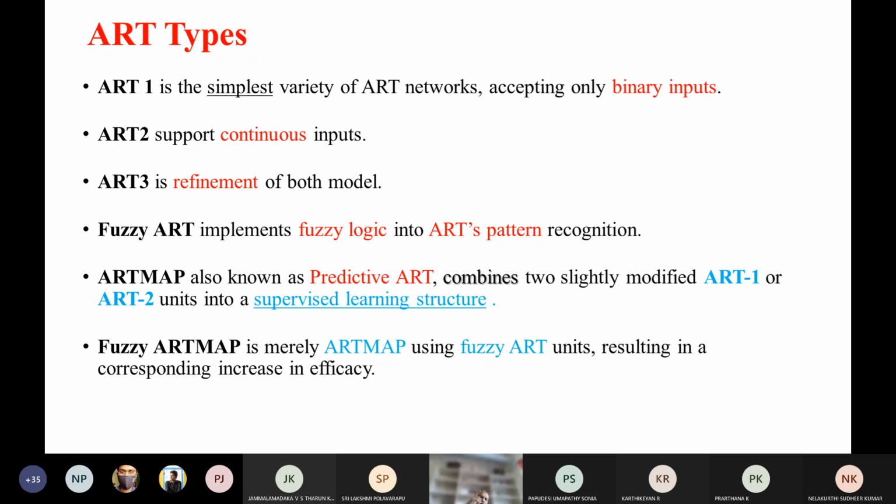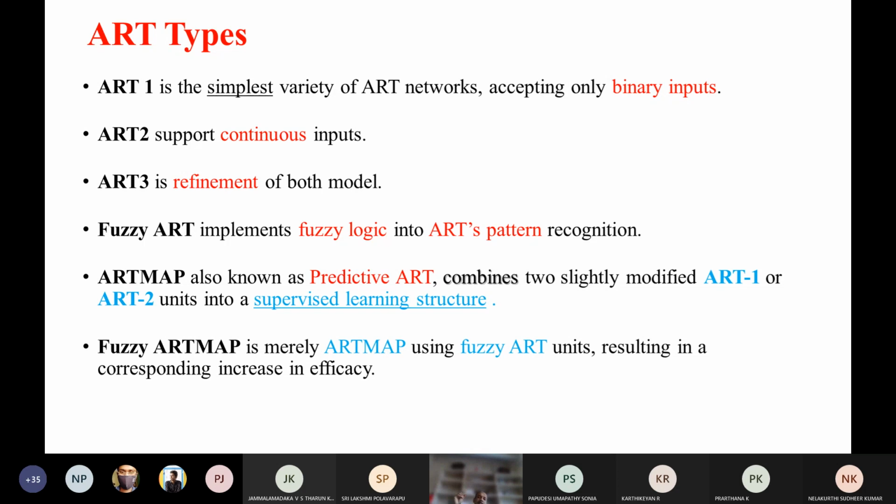We say that the world is full of information and the data keeps on continuously changing, so ART2 supports continuous inputs, and ART1 supports only binary inputs. Then the next one is ART3, which is a refinement of both the models, ART1 and ART2. It is nothing but the combination of ART1 and ART2.